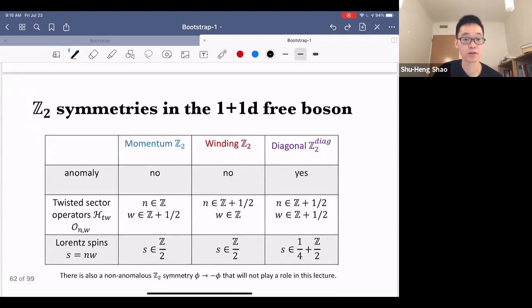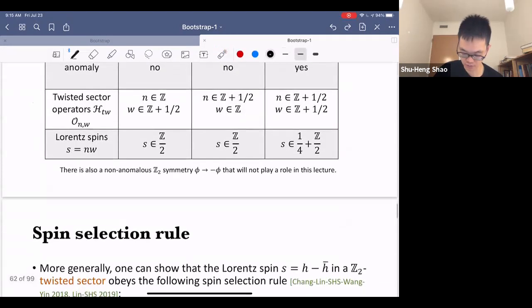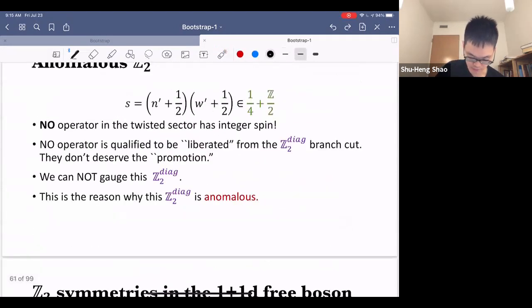So indeed, this is only a necessary condition. To check it fully, for example, we can check it at the level of the torus partition function. So this is the gauged theory, and its torus partition function is given by this.